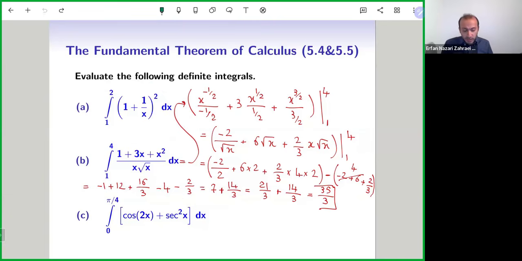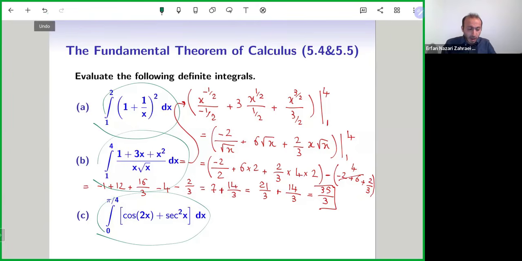Note that without the fundamental theorem of calculus, the way to do these was using Riemann sums and taking the limit of Riemann sums. See how important the fundamental theorem of calculus is. It simplifies the computation a lot.